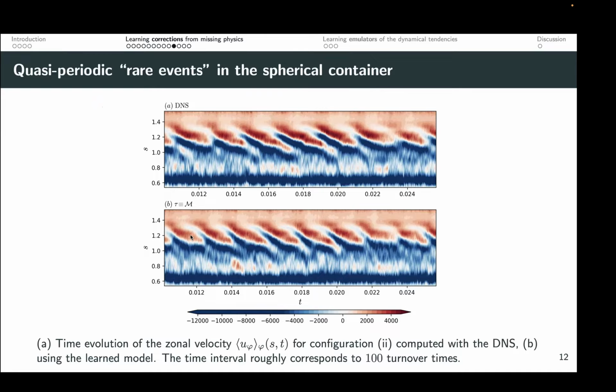So this thing that you see that's quasi-periodic, we're able to reproduce it, even though it was not seen in the training data. So this is very interesting. I think we have some similar dynamics in the ocean that we would like to reproduce. And we know that it can be possible with this kind of training strategy.